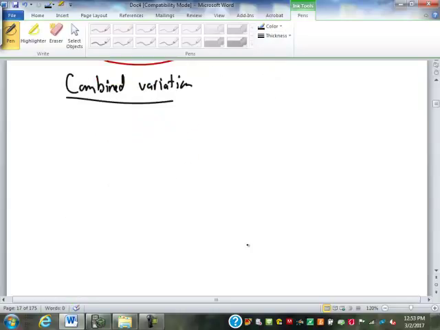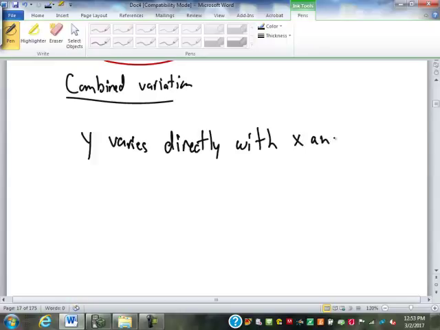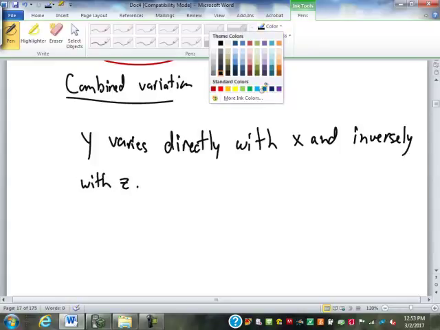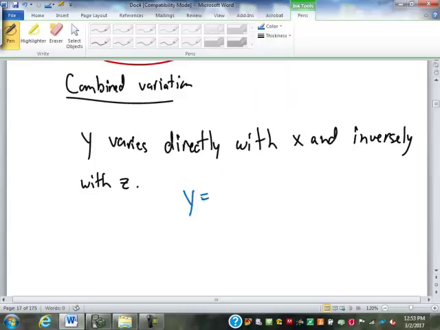If I were to tell you that y varies directly with x and inversely with z, what that is telling us is that y is equal to a constant.